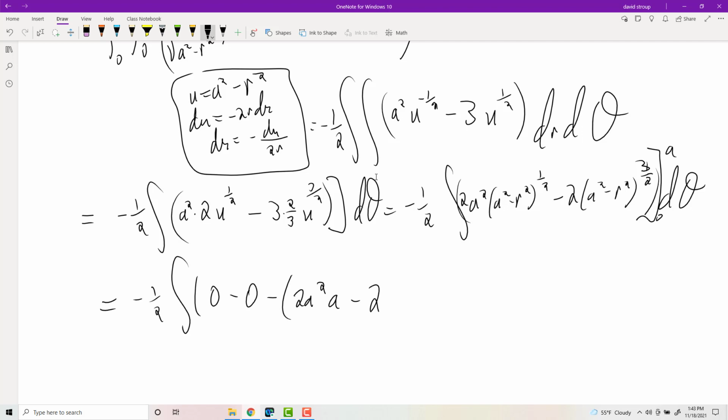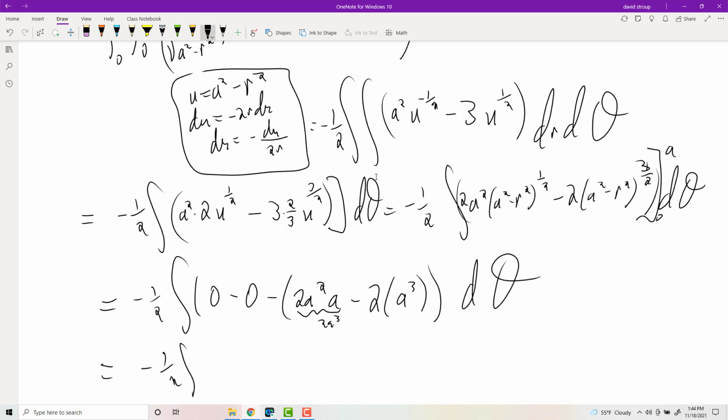Plugging in 0, you just get a. And then minus 2 times a squared minus 0 to the 3/2. A squared to the 3/2 is just a cubed. Okay, and then d theta. So cleaning that up a bit, you got 2a cubed minus 2a cubed is 0. So all of it is just going to be 0.